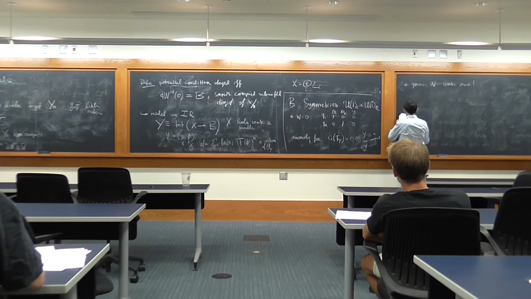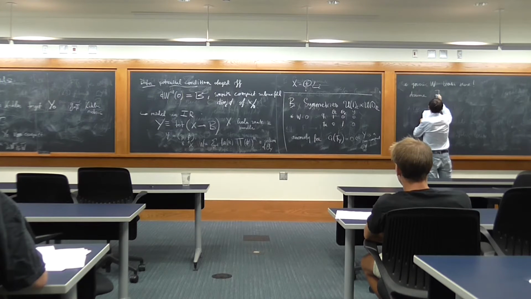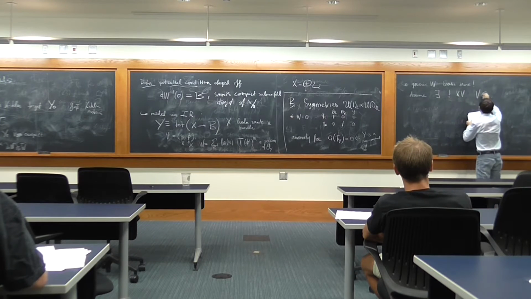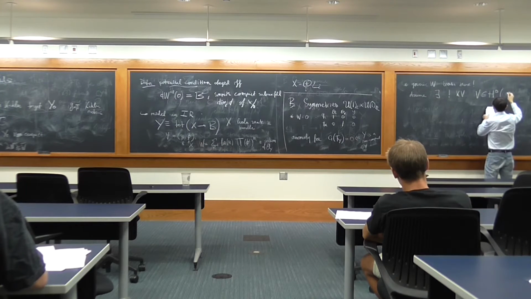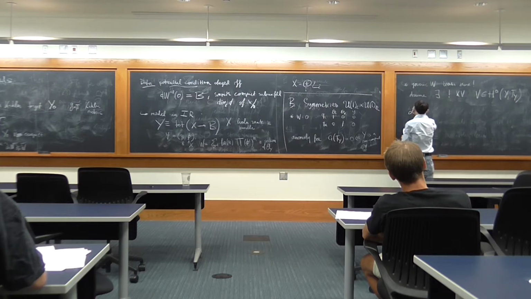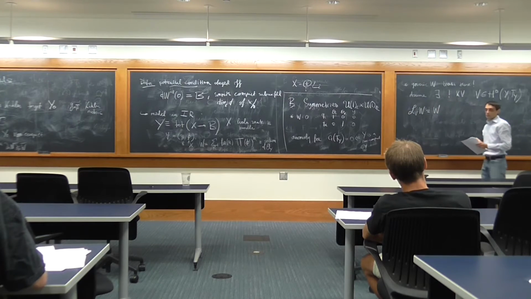But we can preserve something, and preserve as much as we need, if we assume that there exists a unique killing vector, V, a holomorphic killing vector, on our manifold Y, such that when we take the Lie derivative of our superpotential, it just gives back the superpotential.